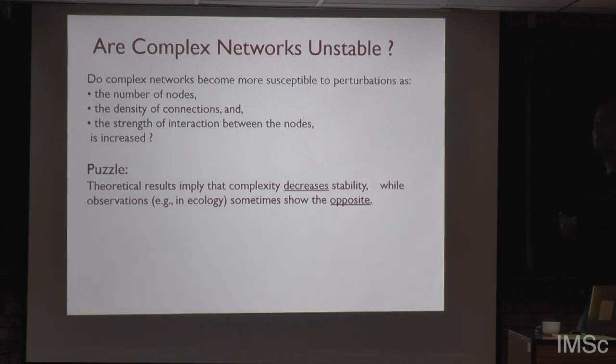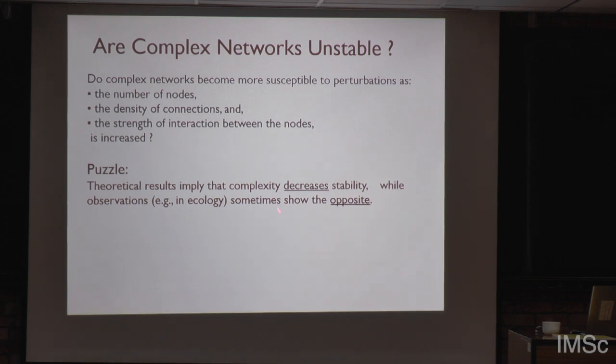Okay. So the question turns out to be not settled as some people like to believe, but in fact it's a long-standing puzzle. Most of the theoretical work done on this question seems to imply that as you increase any or all of these, they would tend to decrease the stability, whereas observations by field ecologists sometimes seem to suggest the opposite.